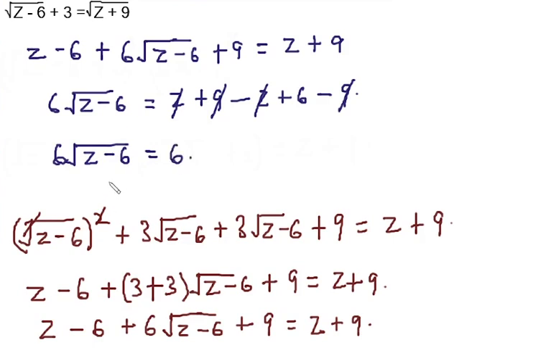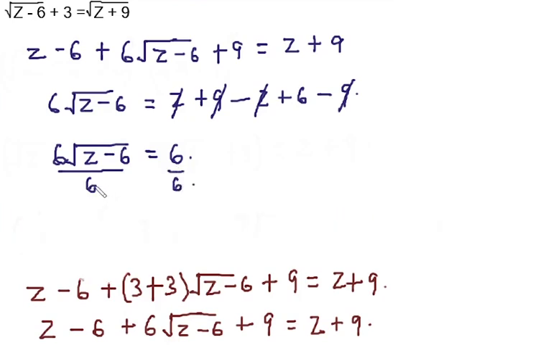So remember, our aim here is to isolate this radical so that we can further simplify it. To do that, I'm going to be dividing both sides by 6. So this is 6 cancelling out 6. And then 6 here is 1. 6 here is 1. So I have square root of z minus 6 is equal to 1.